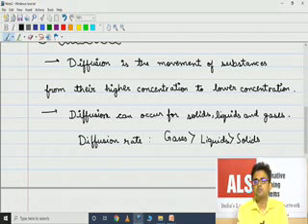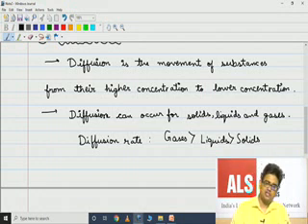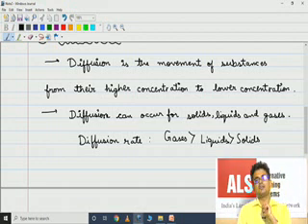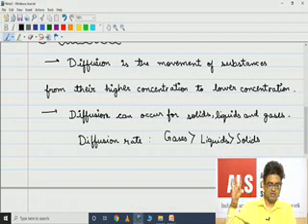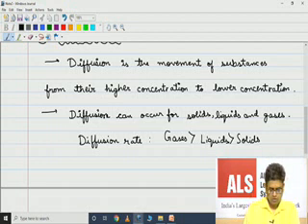But the surfaces should be clean, not oxidized. There should be no rust on the surface. So this is how you can demonstrate it, but it will take 2 years, a very long time. So I hope you understand the case of diffusion.